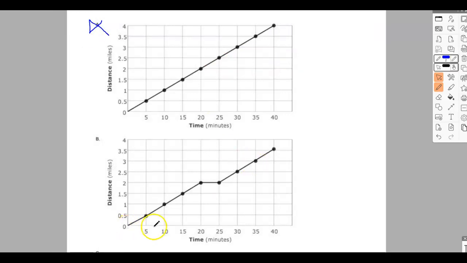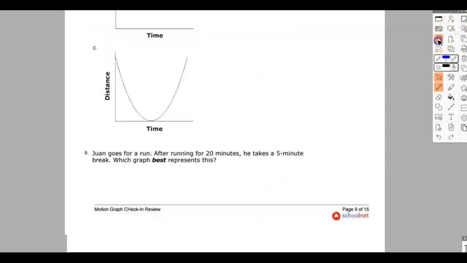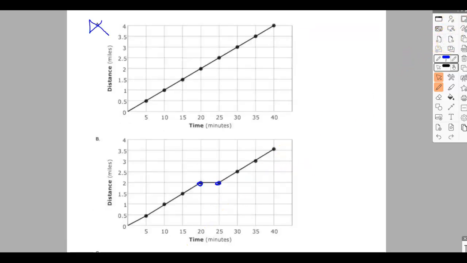So this is not the answer. This person runs for 20 minutes and takes a 5-minute break. 20 minutes, 5-minute break. I'm kind of liking this one. Keep on looking though, because you never know.